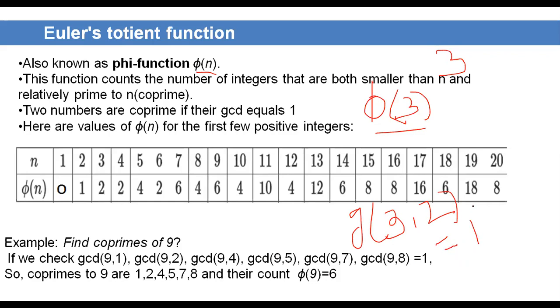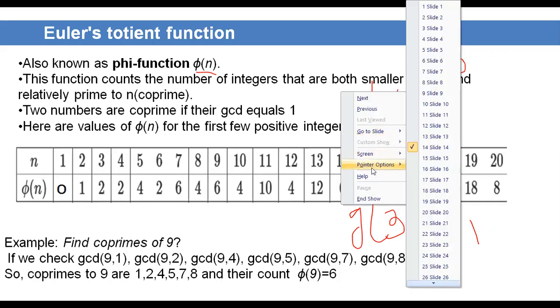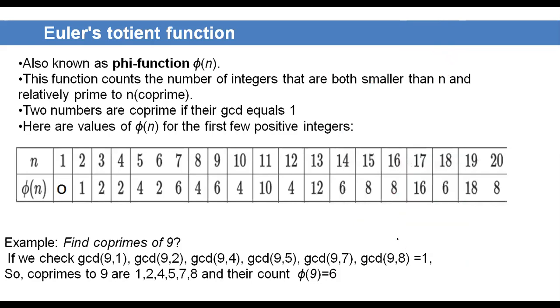That's why 2 is co-prime to 3, and also the number 1 is co-prime to all the elements. We can say number 1 is co-prime to all the elements.